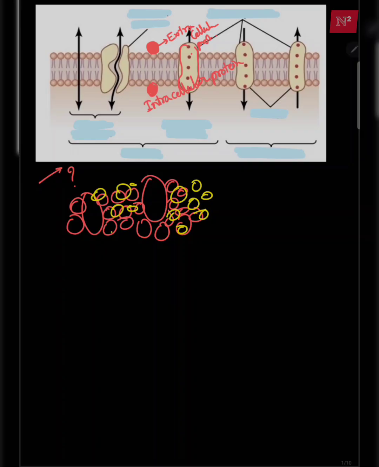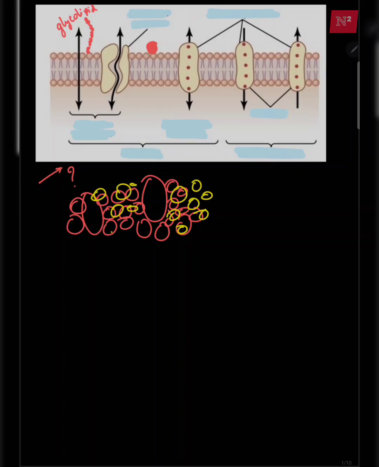it gives the appearance of a mosaic. Also, you will find some structures which are attached to the lipid membrane. Take for example, if you find a carbohydrate molecule forming a bond with the lipid membrane, outside, it is called a glycolipid molecule.